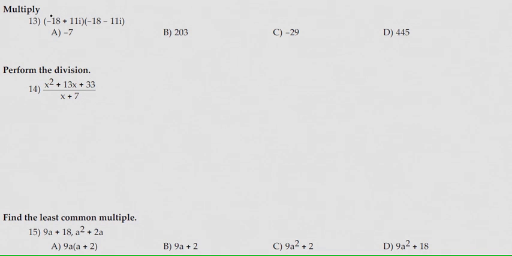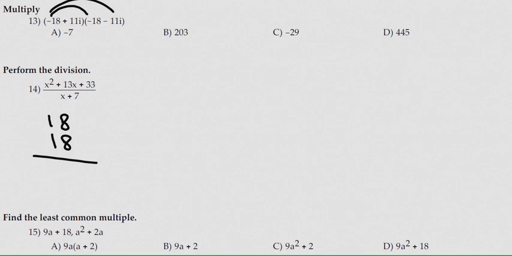So I have to multiply the first by the first, and then the first by the second, like this. Minus 18 times minus 18. The exam is without calculating. So how are you going to do this? Do you know how to multiply 18 times 18 like this? Don't tell me you don't. 8 times 8 is 64, right? Put down the 4, you keep the 6. 8 times 1 is 8.